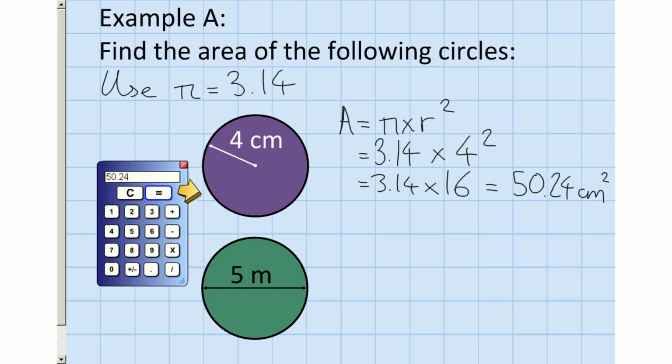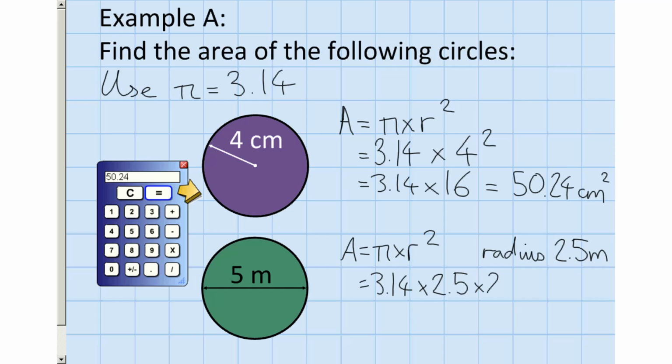Okay, second one now. We've got the diameter this time, but we've still got to use A equals pi times r squared. If the diameter is 5 metres, that means the radius must be half of that, so that's 2.5 metres. So putting that into the formula, we've got 3.14 as pi times radius squared, so that's 2.5 squared, and I don't know what 2.5 squared is, so I'm going to have to multiply it by 2.5 and then by 2.5 again.